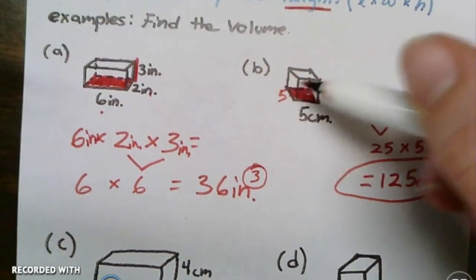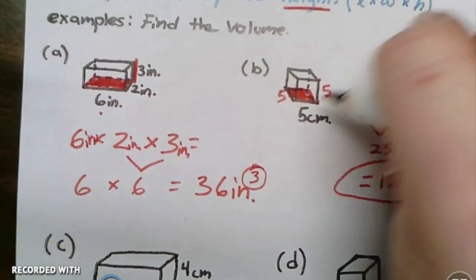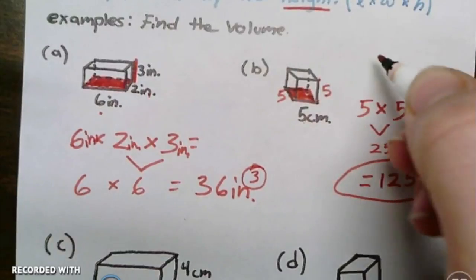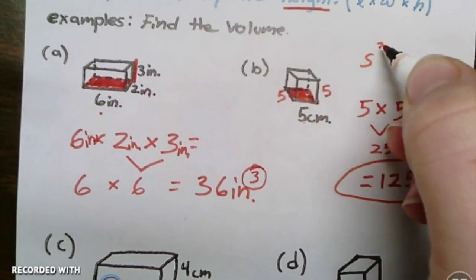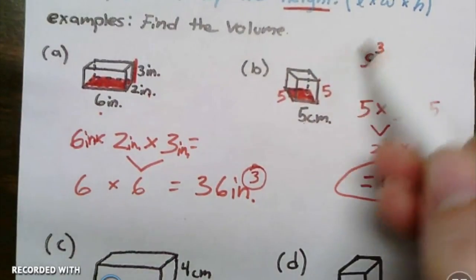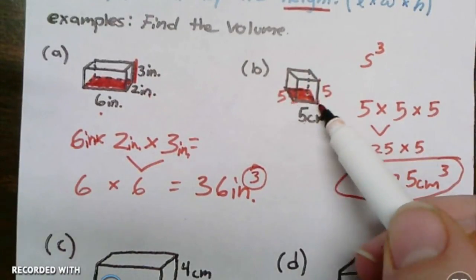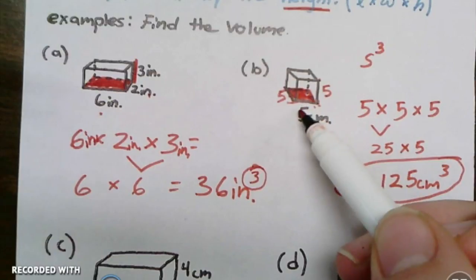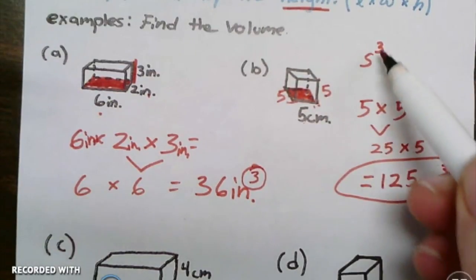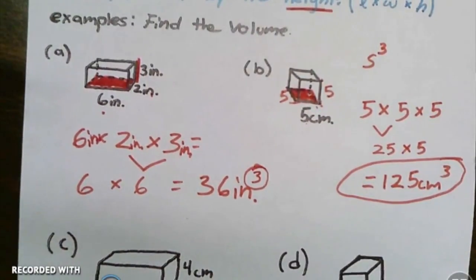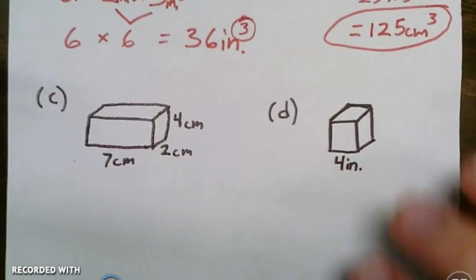You will later see this described as side cubed, like this, in order to find the volume of this. That's because whatever the side length is, which was 5, you're going to do 5 times 5 times 5. Side cubed will be the formula you will eventually one day memorize.